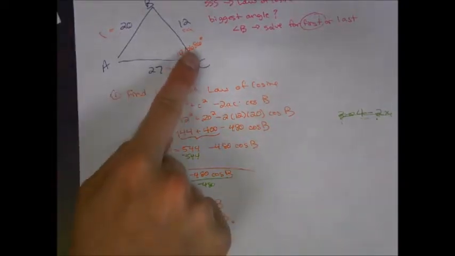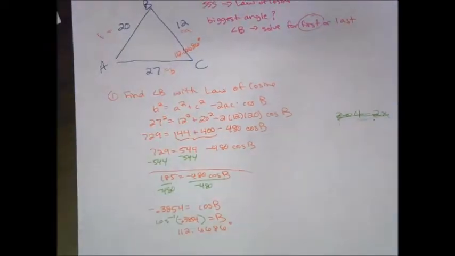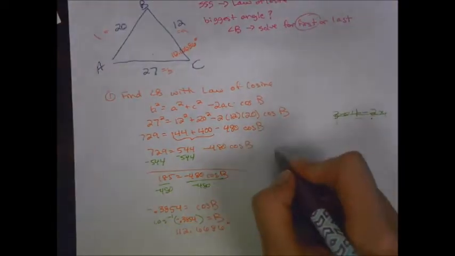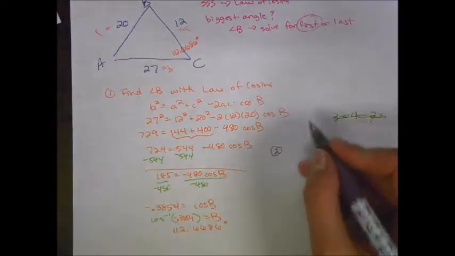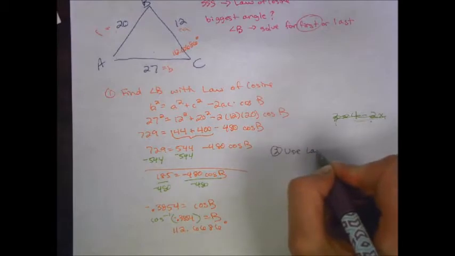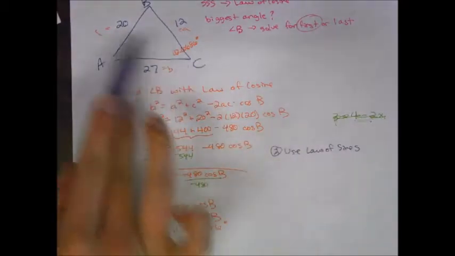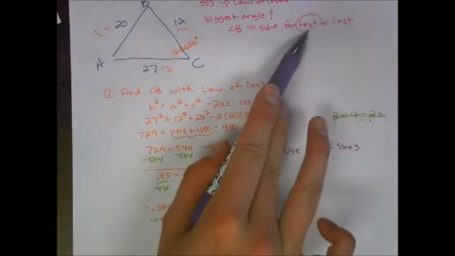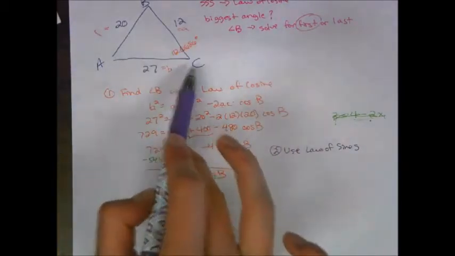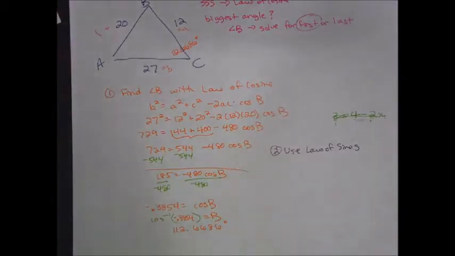Now I have a pair. Since I have a pair, step 2, use law of sines. So I have a pair. And so here, since I already found my angle B first, I wrote that in.